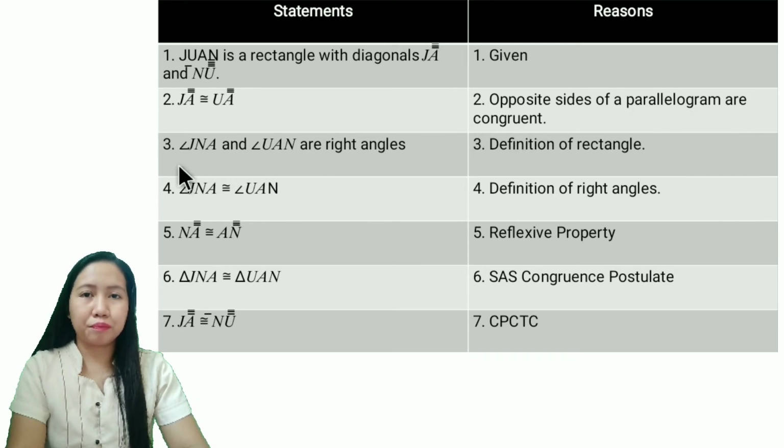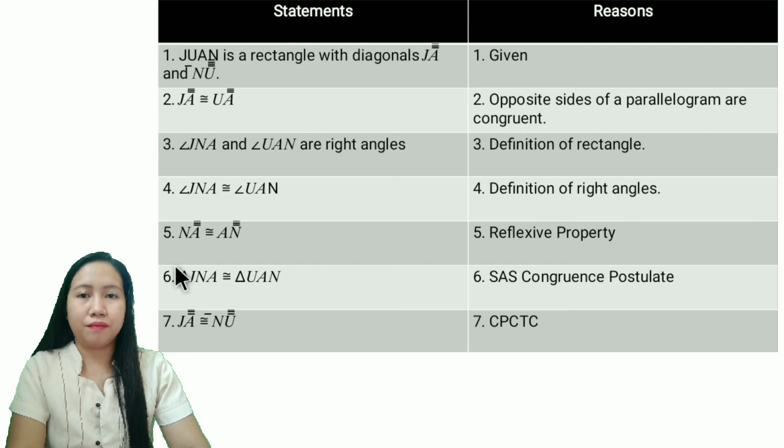Number 3, angle JNA and angle UAN are right angles. And the reason, by definition of rectangle. Number 4, angle JNA is congruent to angle UAN. And the reason, by definition of right angles.